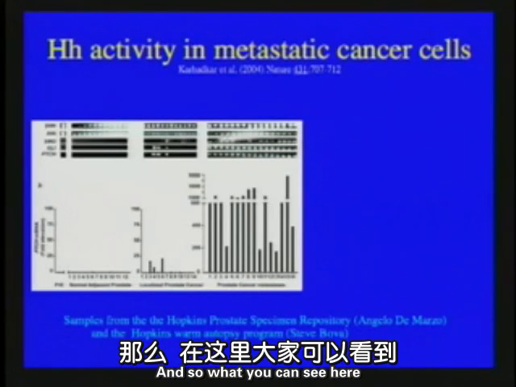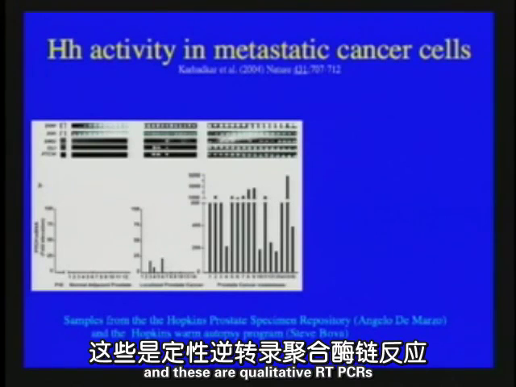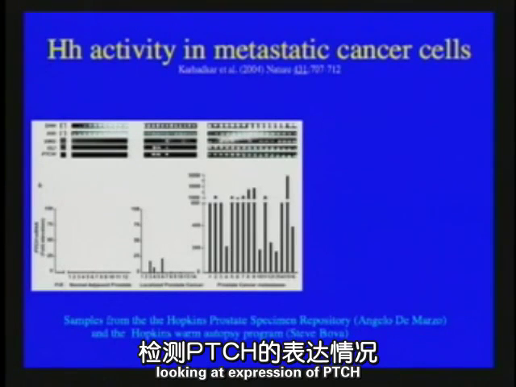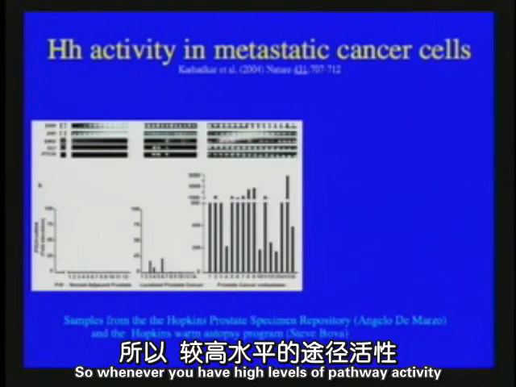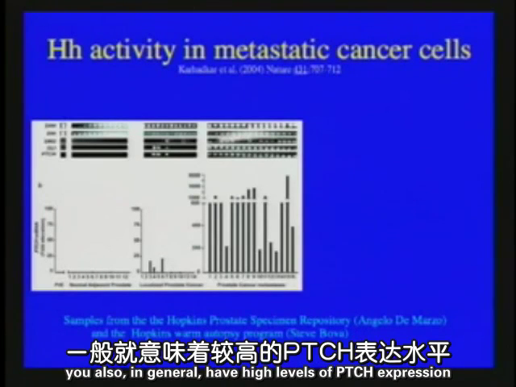And so what you can see here, and these are quantitative RT-PCRs, looking at expression of patched, which I told you earlier is also a pathway target. So whenever you have high levels of pathway activity, you also, in general, see high levels of patched expression.